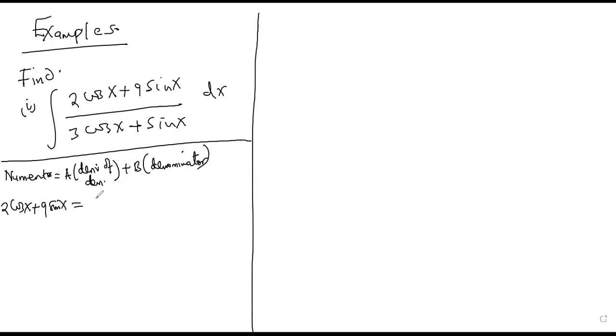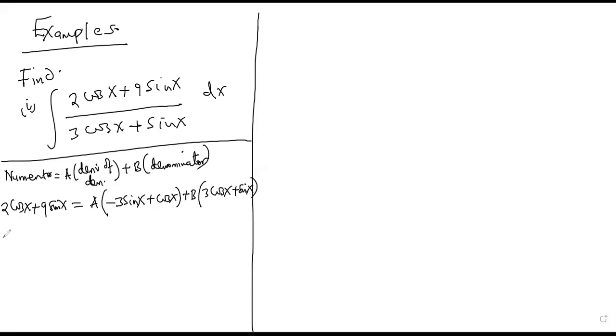It is going to be equal to A times the derivative of the denominator. You need to know how to differentiate cos and sine. When we differentiate cos, we get negative sine. So it is going to be A into negative 3 sine x plus cos x, when we differentiate sine, we get cos x. Then plus B into the denominator. The denominator is 3 cos x plus sine x. That is what we are having.